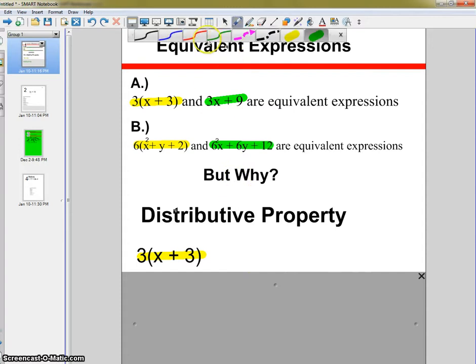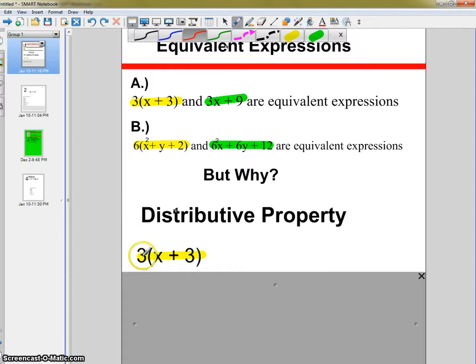Okay, so I'm going to take the expression 3 times the quantity x plus 3, and I'm going to write an equivalent expression for it using the distributive property. The distributive property tells us to distribute something, and what we're going to be distributing is multiplication.